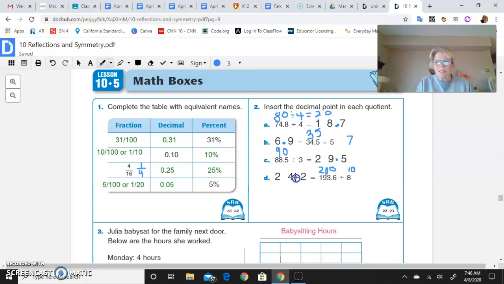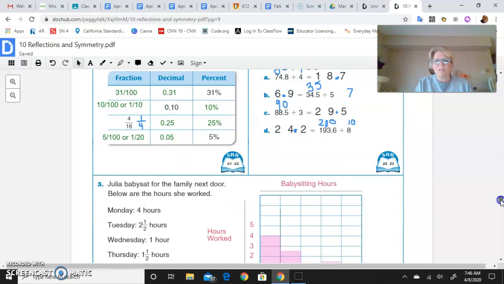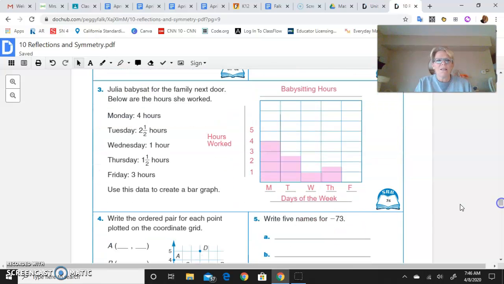So I would put my decimal right here. 24 is really close to 20. Now, there are more ways to estimate, but I always just try and pick easy numbers that are close to divide. Okay, I've already gone ahead and done this one.